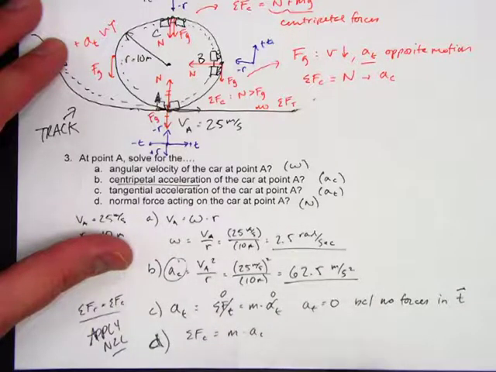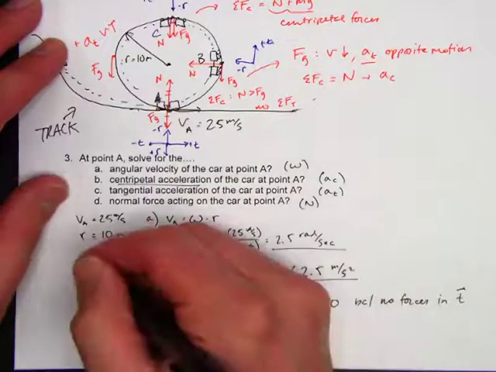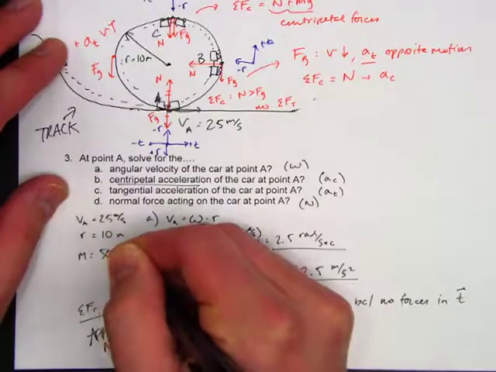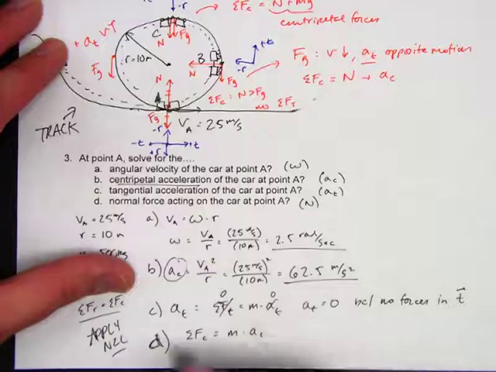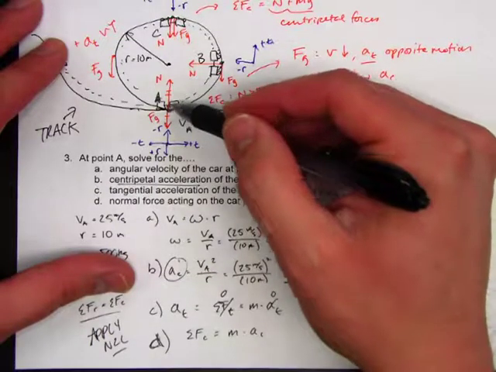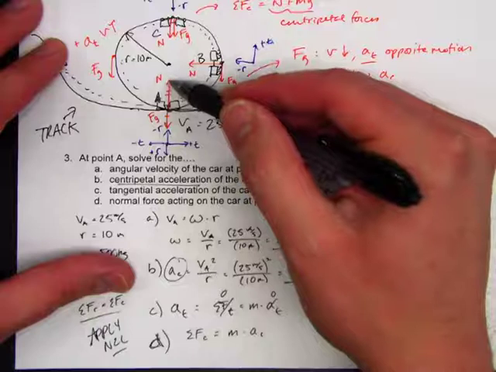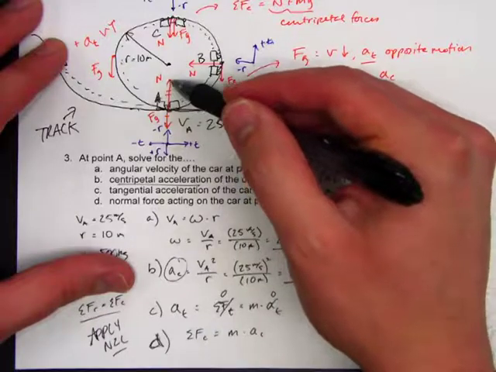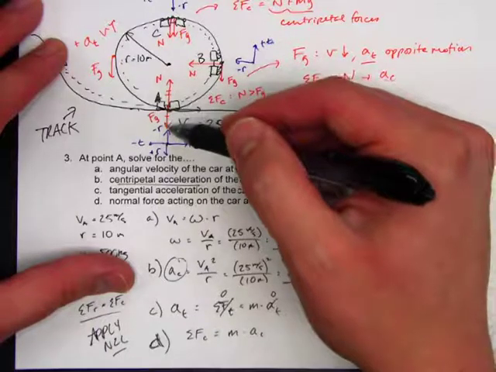We already know a sub c here, and we know the mass of the cart. Remember, the mass of the cart is 500 kg. So all we need to know is the net force acting on the cart at point A. At point A, we have the normal force acting inward towards the center of the circle, up on the cart from the track, and gravity opposite that.